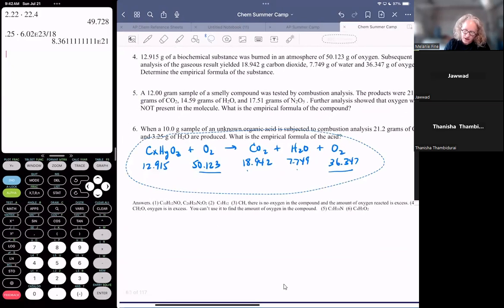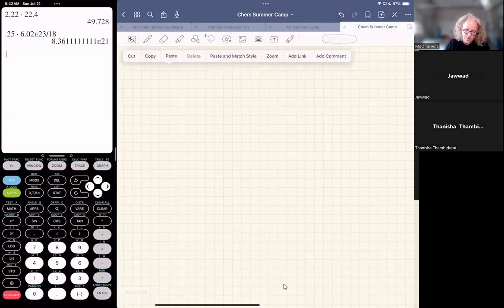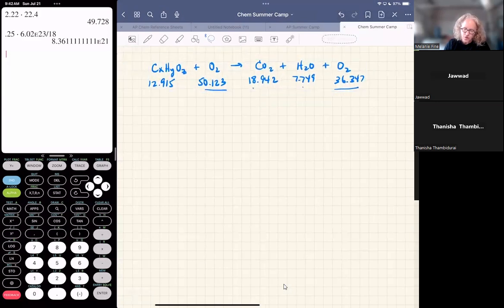So I'm just going to copy this and start a blank page so I have room, because I feel like I'm going to need room. Okay. So if I'm doing carbon, I know that 12.01 out of 44.01 of that 18.942 is carbon, right?